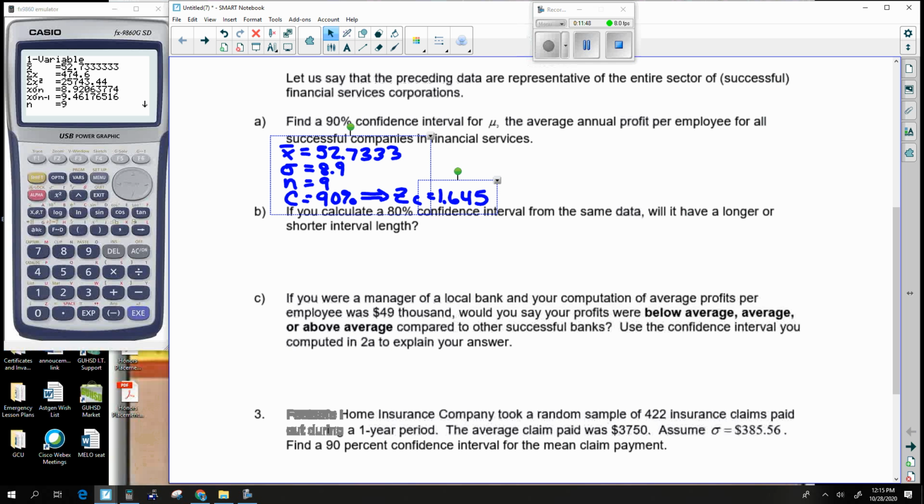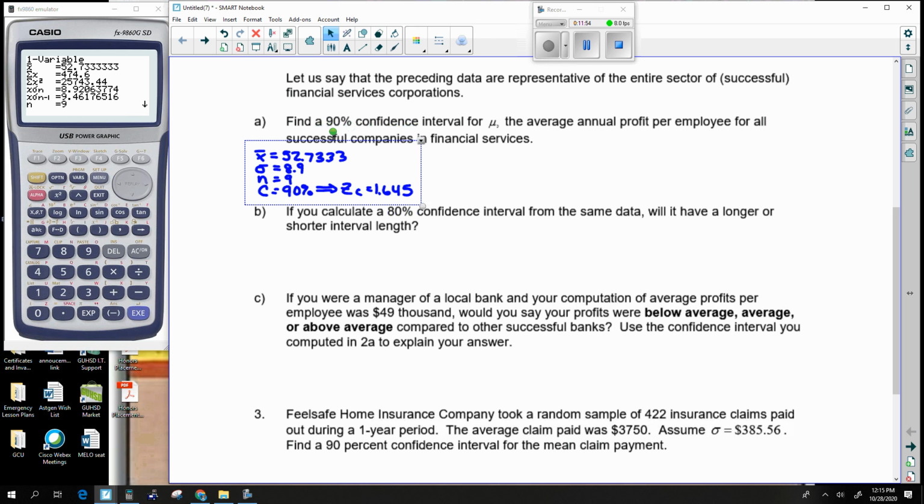Okay, so that is the information we can easily obtain. Next is the margin of error, which is going to be ZC sigma divided by the root of n. And so this is going to be 1.645 sigma divided by the root of n.